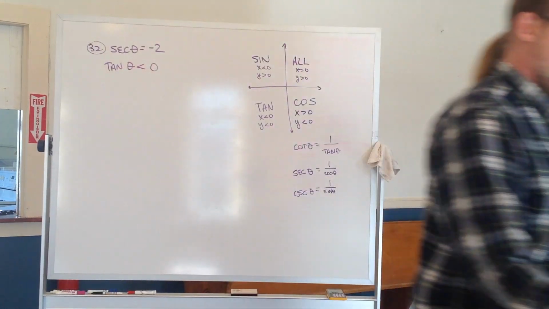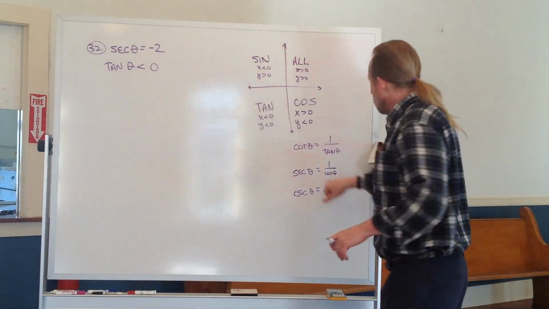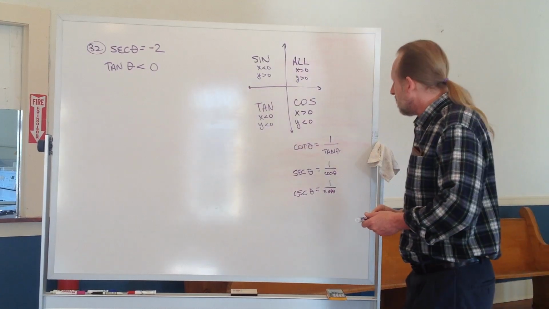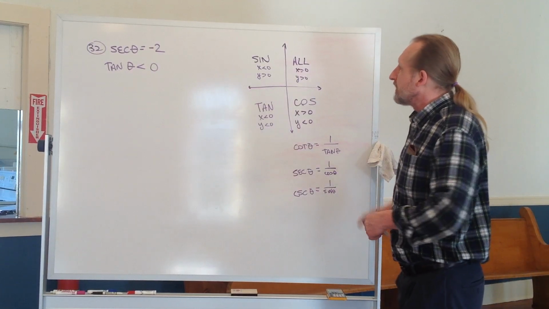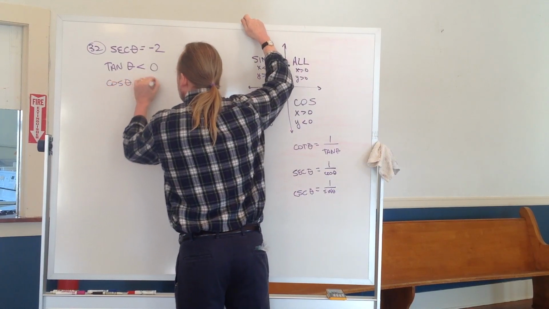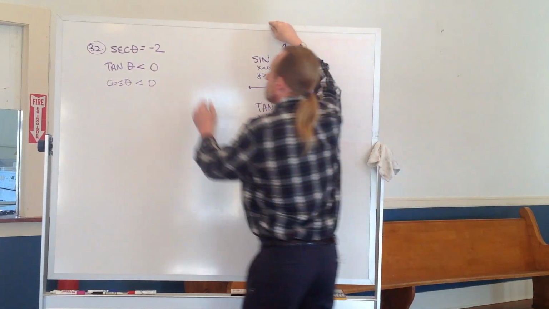Okay? Well, let's see here. Remember, the secant is the reciprocal of the cosine, which for one thing says that the cosine is also negative. So the only place where that happens is in the second quadrant.